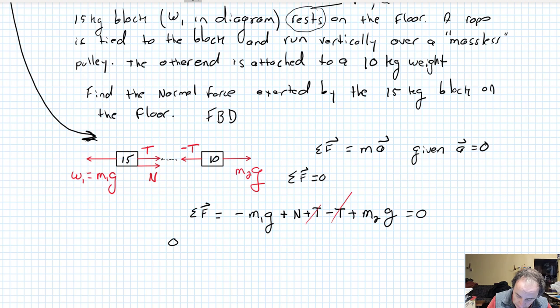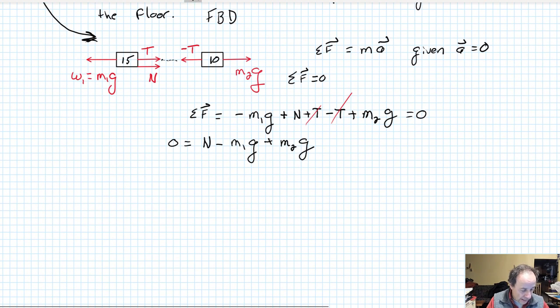So 0 equals N minus M1G plus M2G. I haven't put our values in yet. It's simplifying.